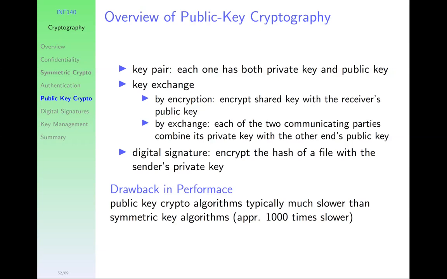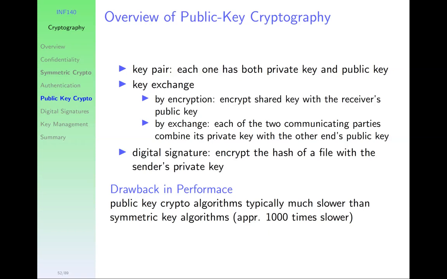So Alice wants to send some file to Bob and wants to ensure that the file can be verified by Bob, such that Bob knows this file is sent from Alice. Then Alice can use digital signature in this application.